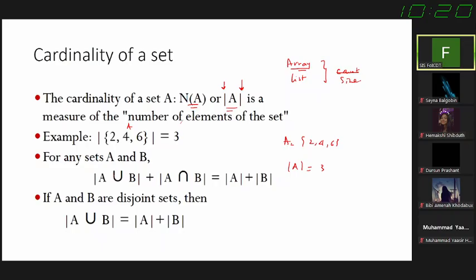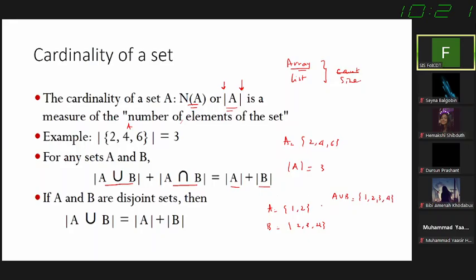Now, very important: the cardinality of A union B plus the cardinality of A intersection B would be the same as the cardinality of A plus the cardinality of B. Okay, try it out. If you have a set A equal to 1, 2, and a set B equal to 2, 3, 4, A union B would be 1, 2, 3, 4.